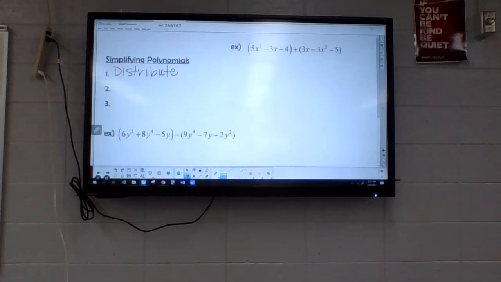The reason I want to start with that one is because that's the highest power, and we prefer to start with that so that we're in standard form right away, so we don't have to rewrite this at the end. So 8 minus 9 is how much? A negative 1.